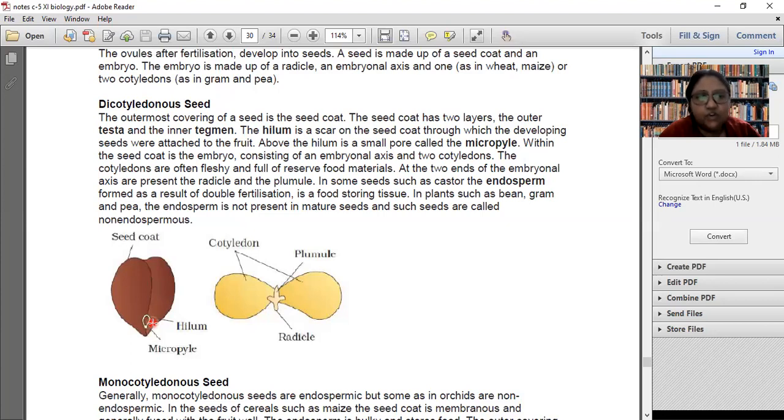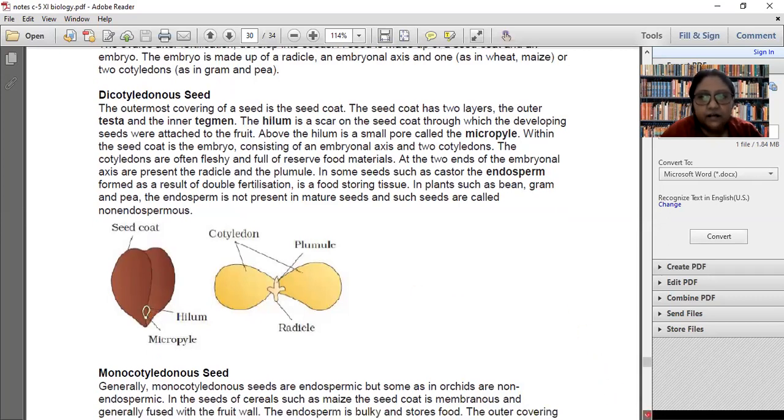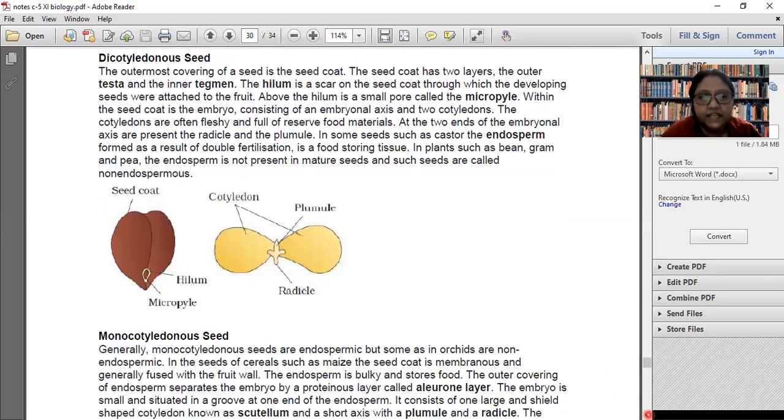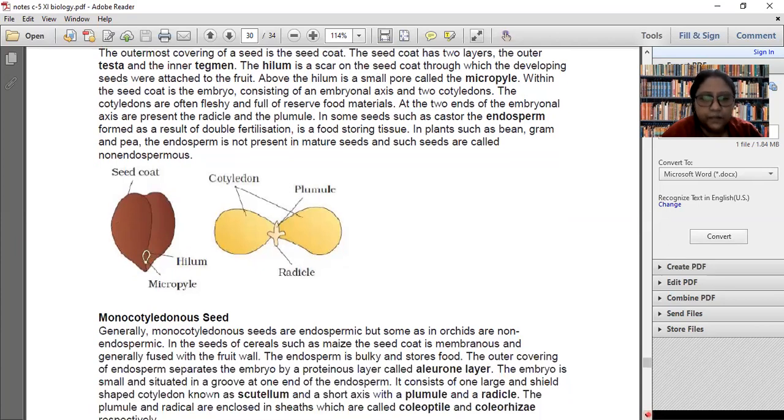For example, in case of bean or gram, the endosperm is totally consumed by the embryo. And in endospermic seed like brassica, that is rye, the endosperm is present.